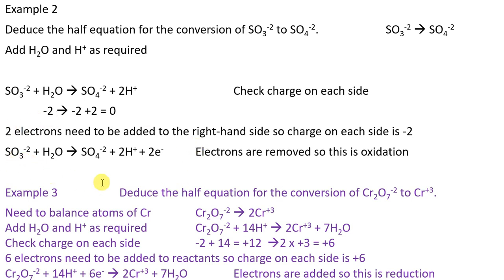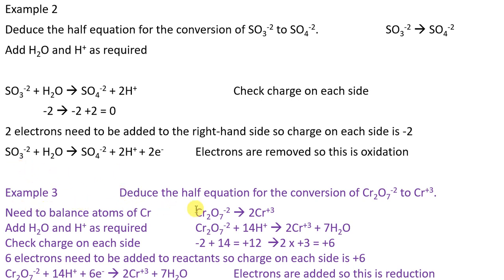Done by here, and that's it completed. Make sure the atoms of every element balance. If there's extra oxygen or hydrogen on one side, counter it by using H2O and H+.